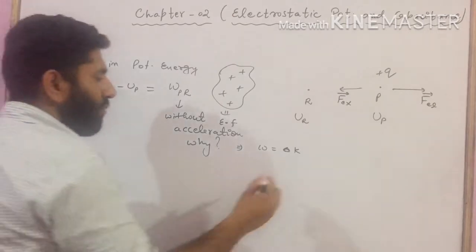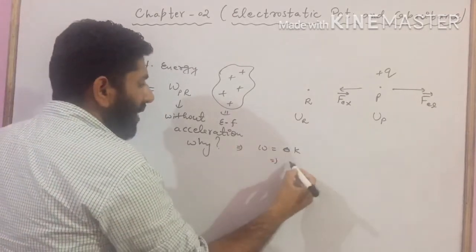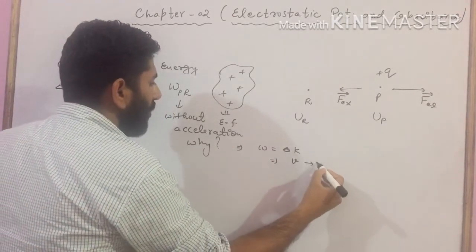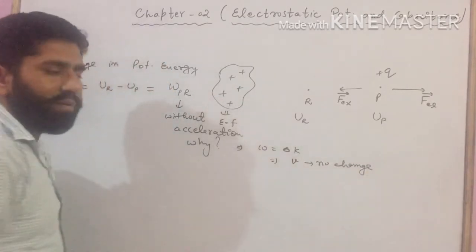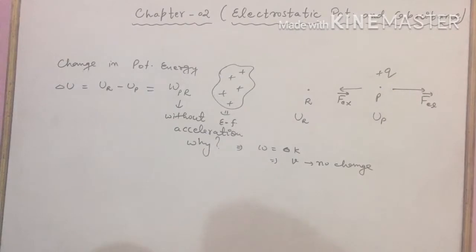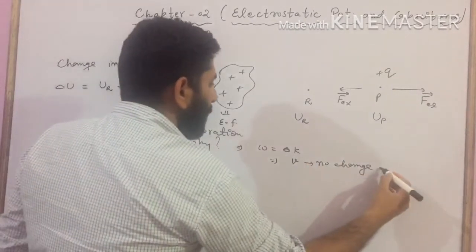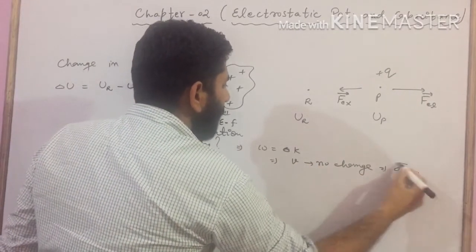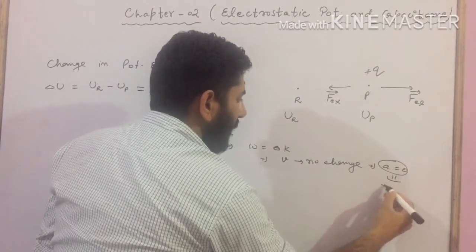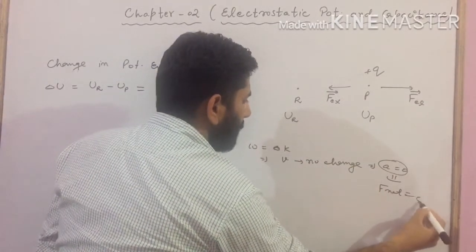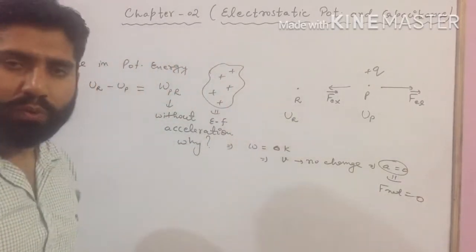So for that, what do I need? I want that velocity should not change. There should not be any change in velocity, any change in speed. And if there is no change in speed, it means acceleration should be 0. And acceleration 0 means the net force on the charge must be 0.